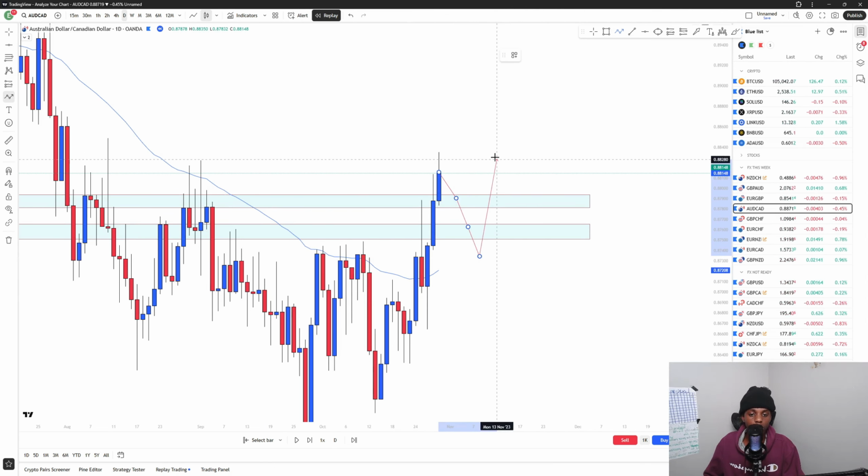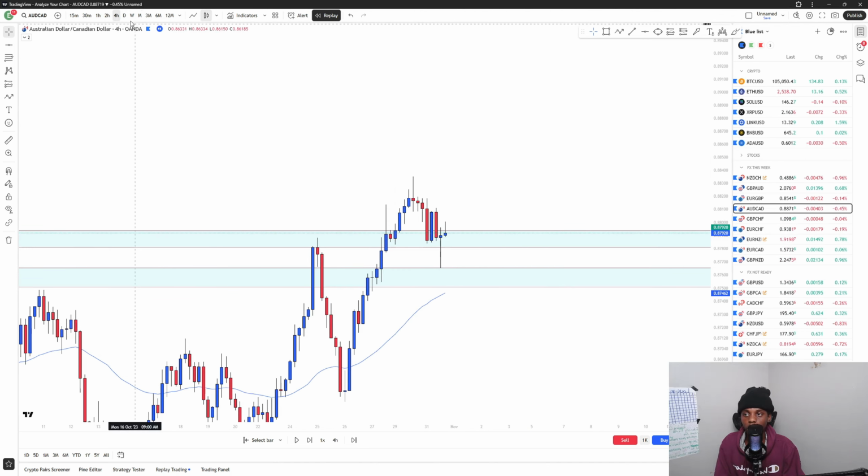Since all the time frames are still bullish for weekly, daily, and 4 hour, all I gotta do is wait for a shift of structure on the lower time frames, like the 1 hour. Let's see, 1 hour was bullish, then we shifted bearish to get to this area of interest.